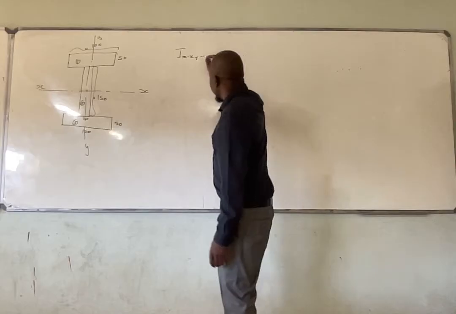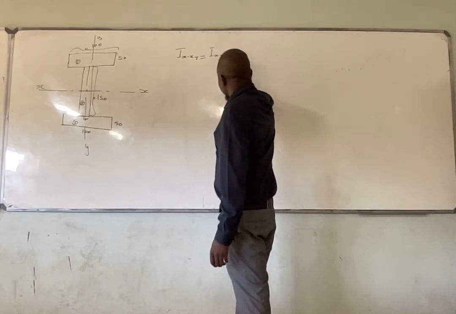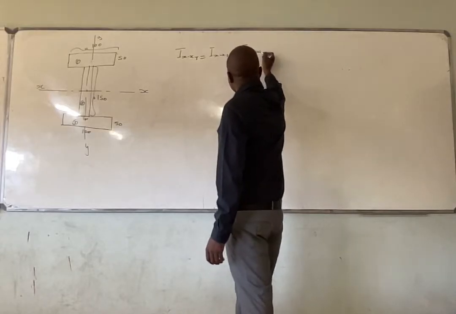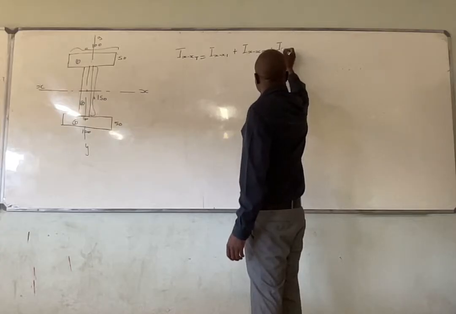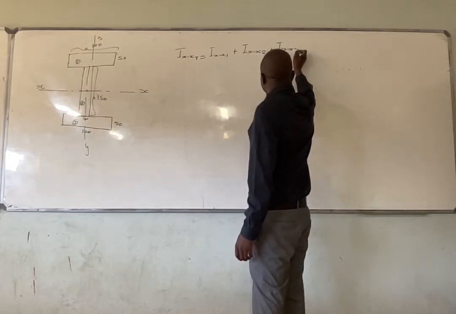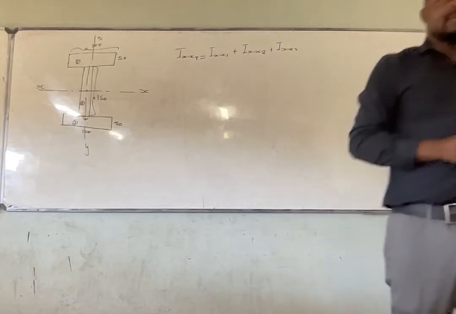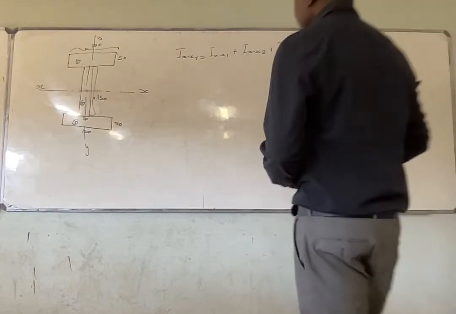We are going to take the Ixx for area 1, add it together with the Ixx for area 2, and add it together with the Ixx for area 3. In that case, we do have the total Ixx or moment of inertia about XX.